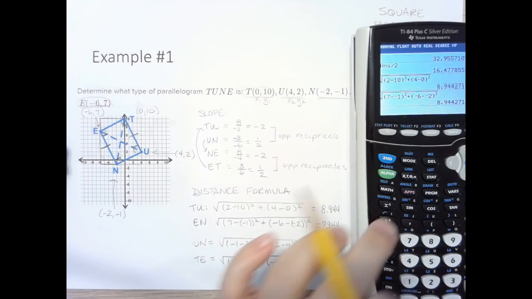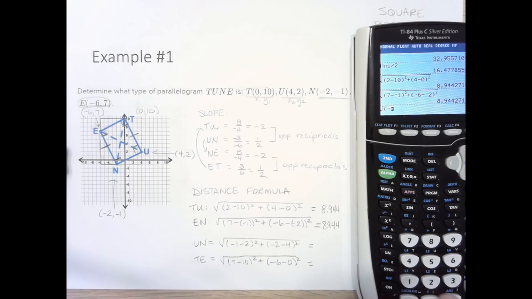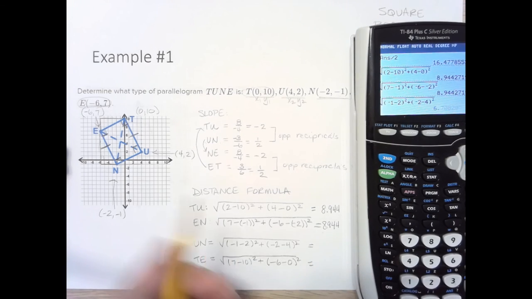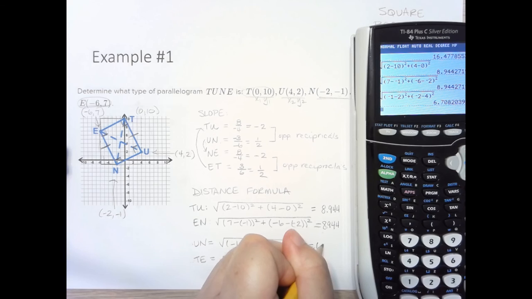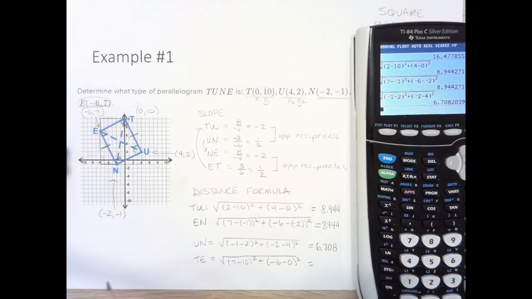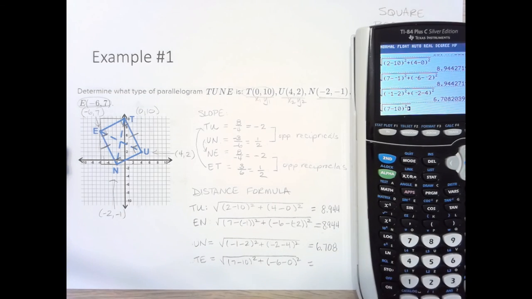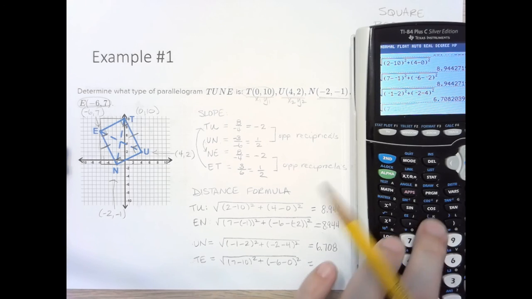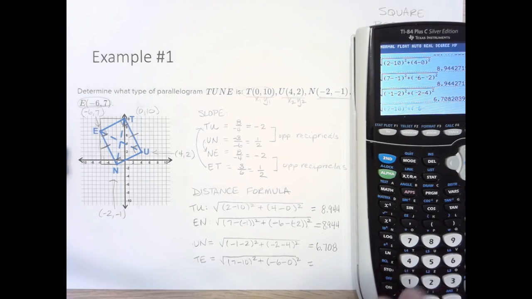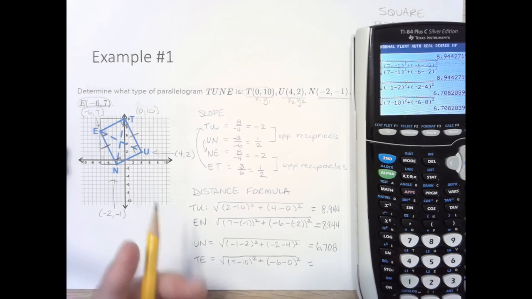So square root, parentheses, -1 minus 2 squared, plus parentheses, -2 minus 4 squared. All right, so 6.708. Now I need to get the same answer here. So the square root, parentheses 7 minus 10 squared, plus parentheses -6 minus 0 squared.